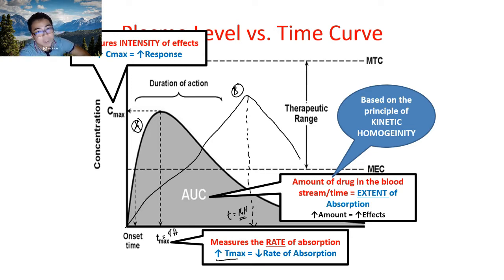Now, next question ko, which of these two drugs will have a higher response, which will produce a more intense response? Is it drug A or drug B? Ito na lang. Sino sa dalawang drug na ito, class, ang mas higher ang risk for toxicity?